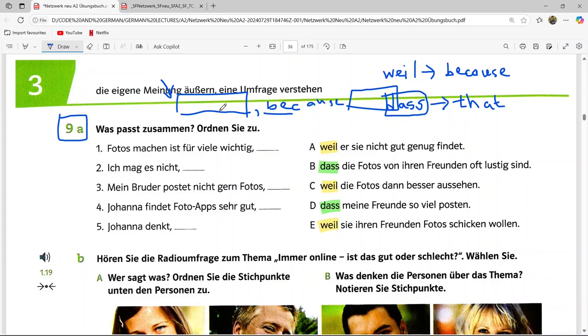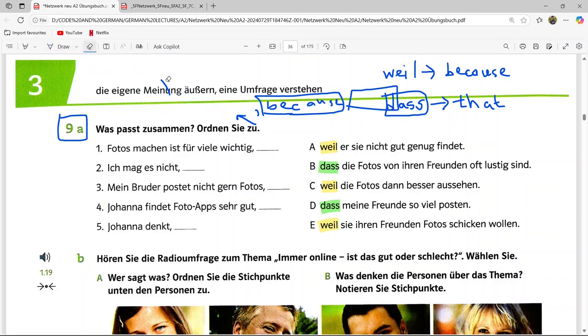In the weil case you are telling something you already did. In the dass case it might be done or it might not be done. So in the weil case you are already late and then you are telling the reason. In the dass case you came early but not because of a past thing that happened, it is in the future, like this. So this is the difference.